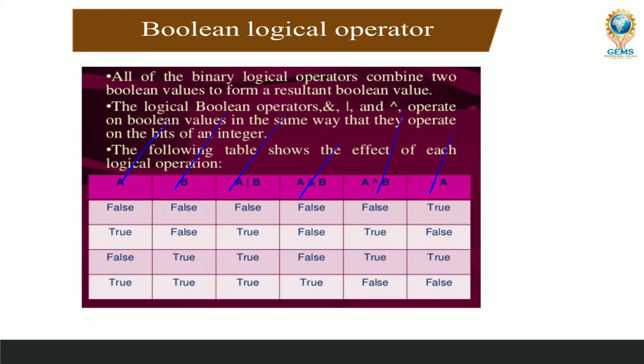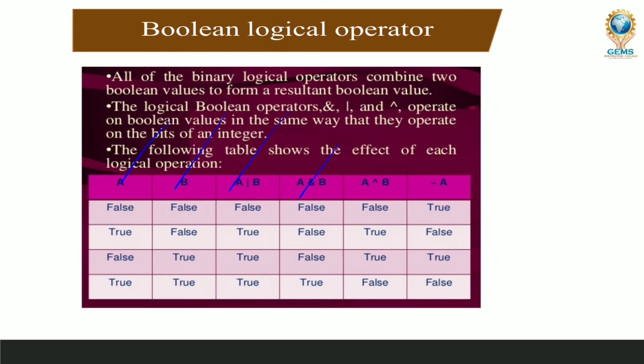Look here. What are the logical operators? First one is the AND operator, A and B. All of the binary logical operators combine two Boolean values to form a resulting Boolean value.